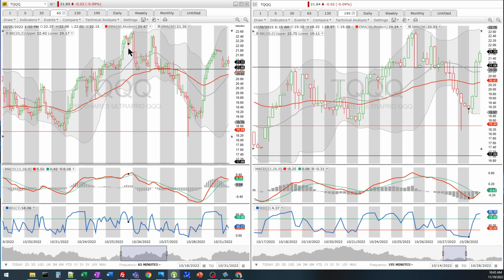And okay, I see it now. Right here. See this? That's bearish divergence. This is a higher high, right? That point is higher than that point up here. That is higher than that. That is lower than that.